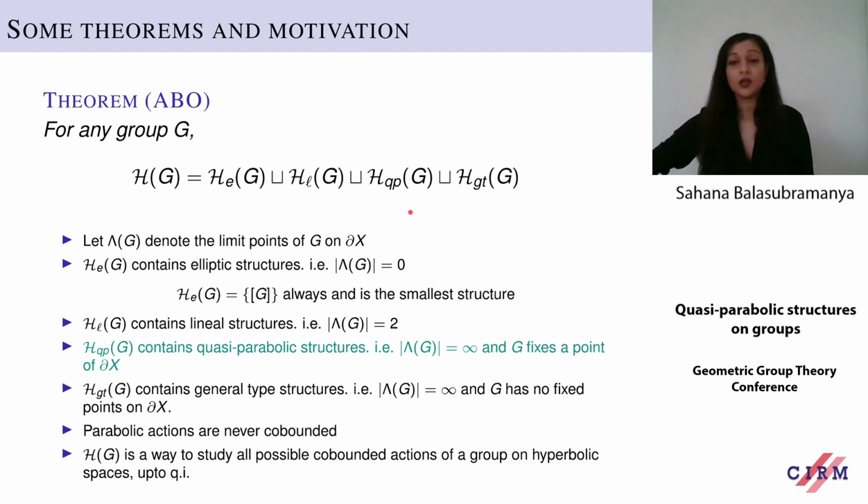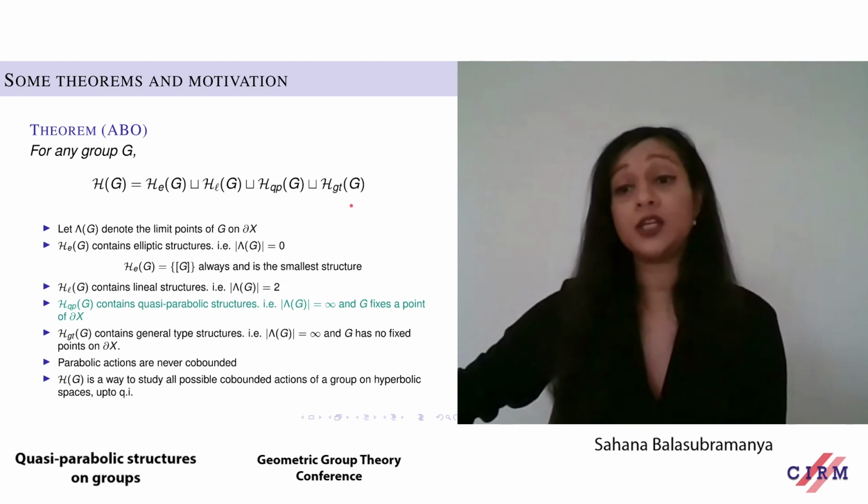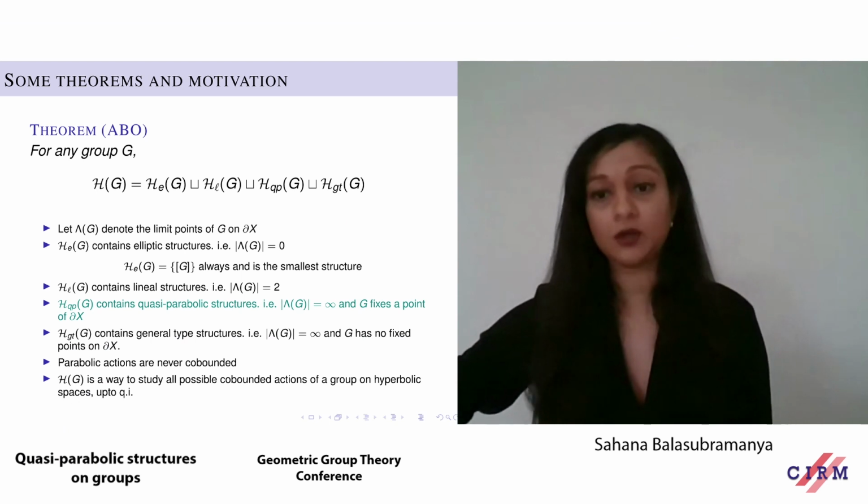Furthermore, it was clear to us that quasi-parabolic structures do behave very differently from some properties that we were able to determine for lineal and general type structures. And in order to illustrate that, I'm going to cite a few theorems from our work.